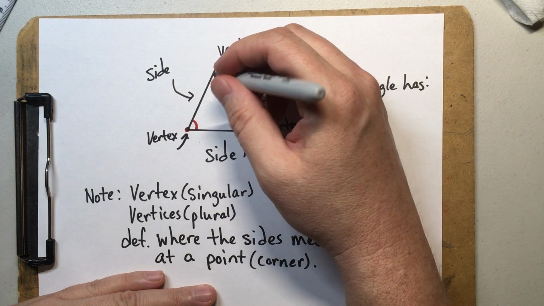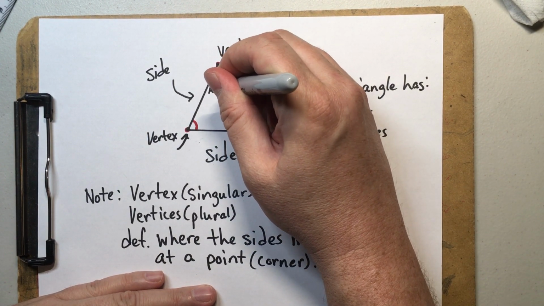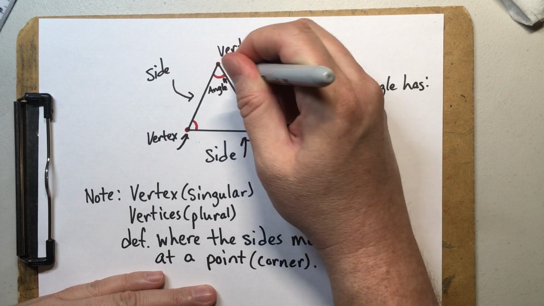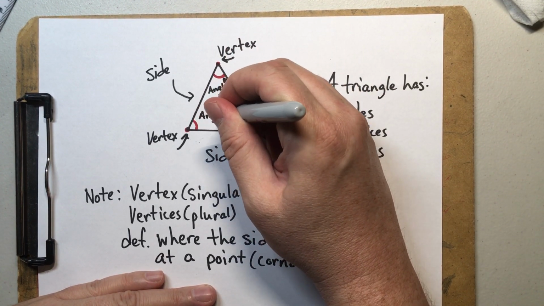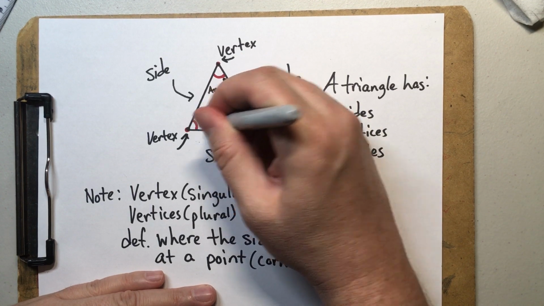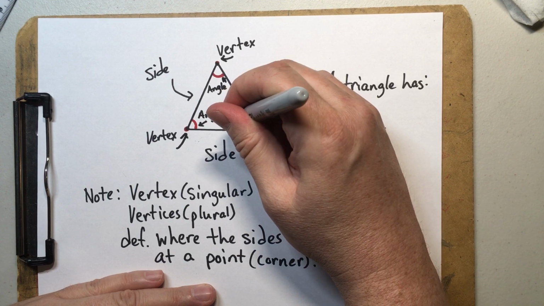And then we have angles. We have three of them. We have an angle inside here, another angle here, and yet another angle here.